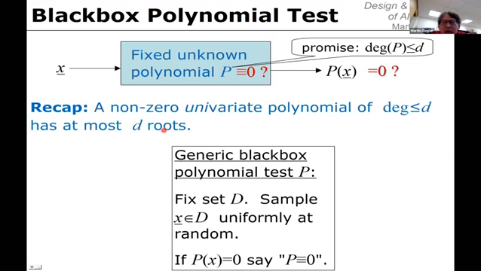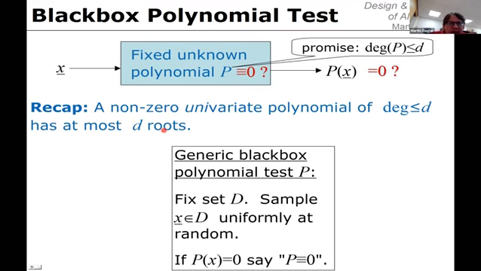So if you ask me any d different arguments, no, actually, if you ask me any d plus 1 arguments, then at least one of them will not be a root, and therefore, after you have asked me d plus 1 different arguments, you will have received a certificate that the polynomial I'm thinking about is not the zero polynomial.